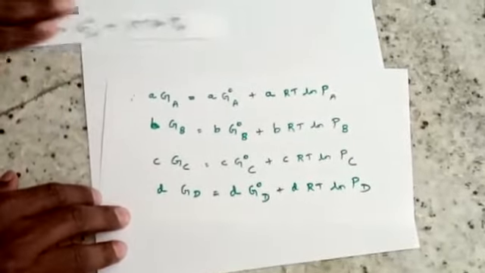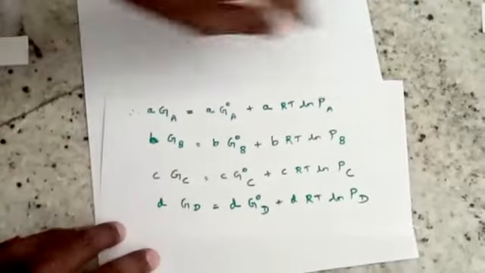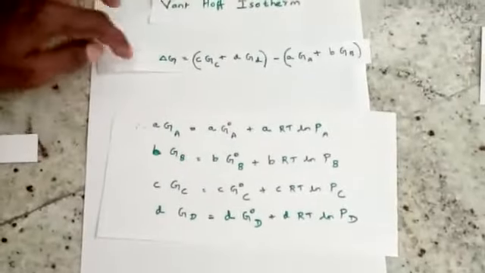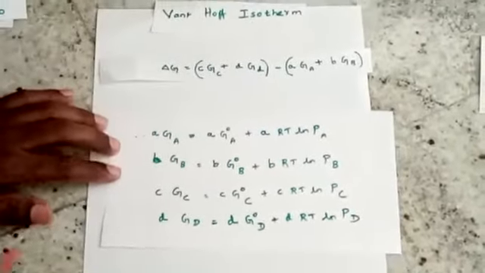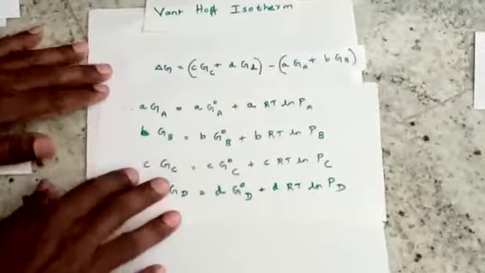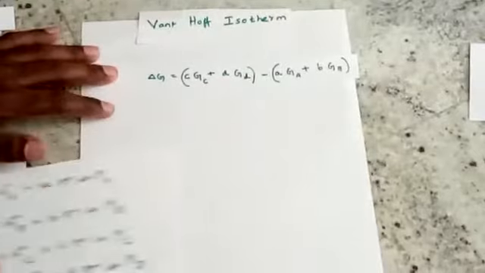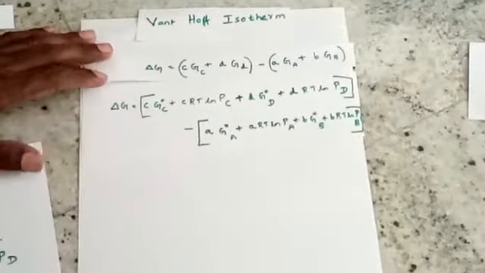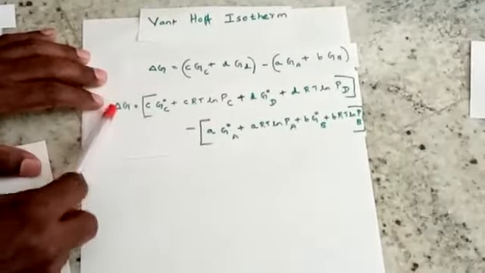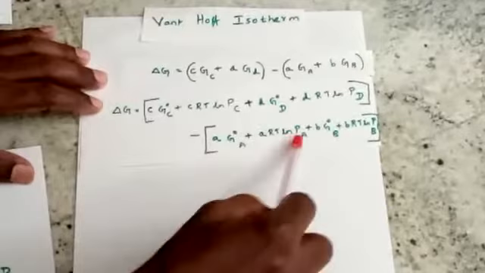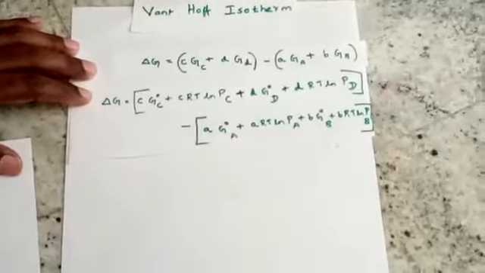Because we have to substitute the values of aGA, bGB, cGC, dGD in the expression for delta G, we will get delta G equal to these values.